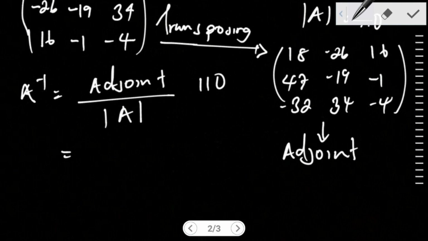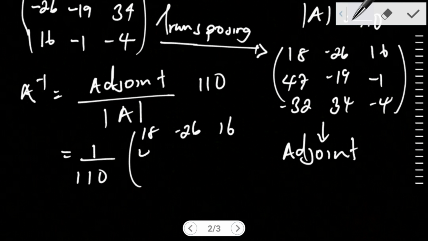So that's what we're going to do here. We are going to say this is 1 all over 110 into 18, negative 26, 16, 47, negative 19, negative 1, negative 32, 34, negative 4.